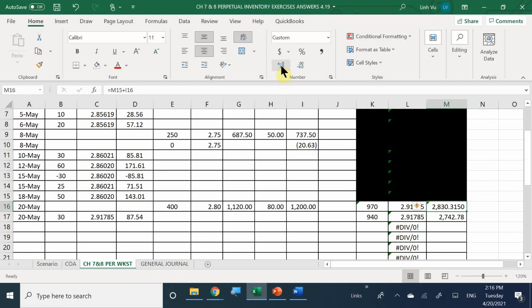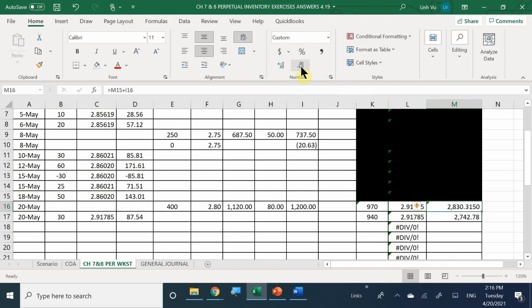Let me see. Mine are rounded; it goes 0.32, then it just goes zeros. Okay, I'll look at it after you post it.